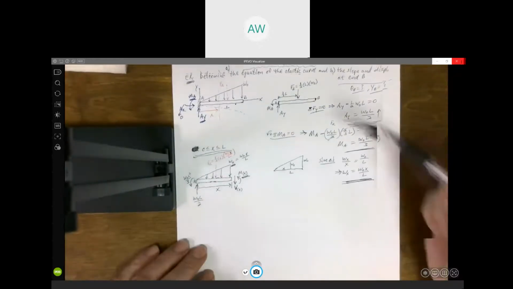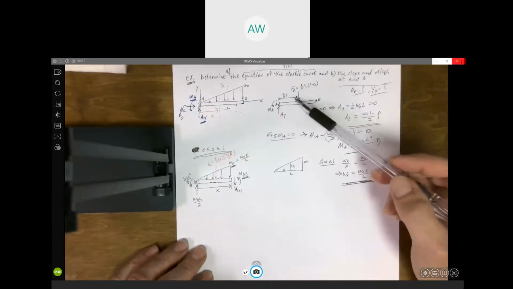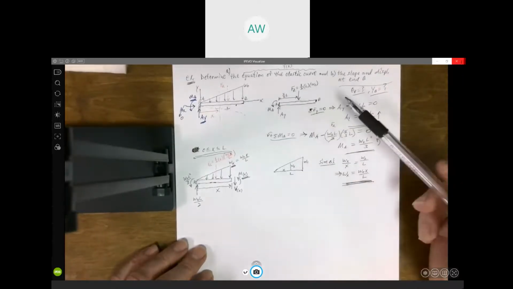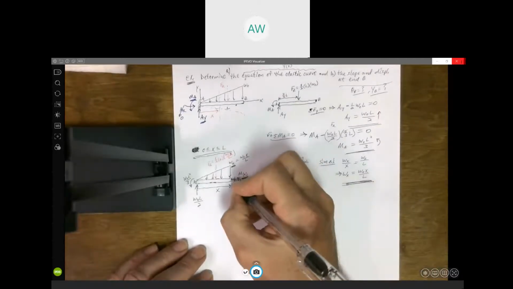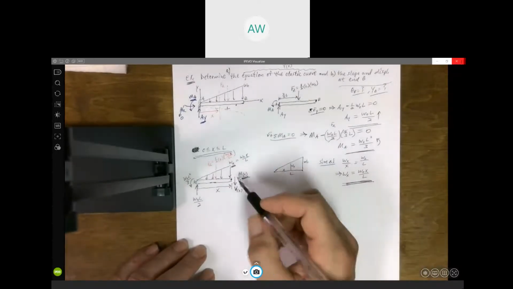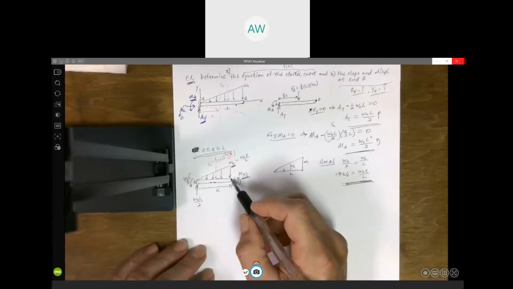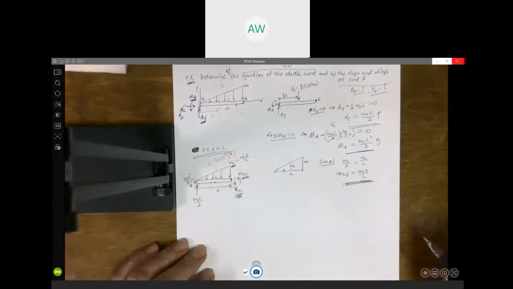And up here, we summed the moments about the left end, so I denoted the location from the little end. But here, it's to your advantage to sum the moments about the point where you cut it. The motivation is that if you sum the moments about this point, then we don't have to solve for the shear force.